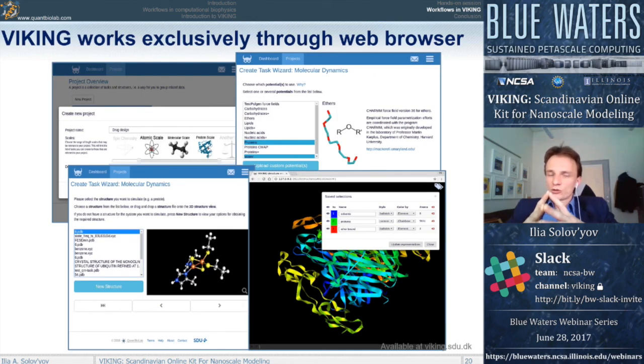I already mentioned this, but I would also like to show these screenshots: Viking works exclusively through a web browser. I do believe this is really an important achievement, because you need to understand that a web browser has a lot of limitations, and we really try to push it to the edge.